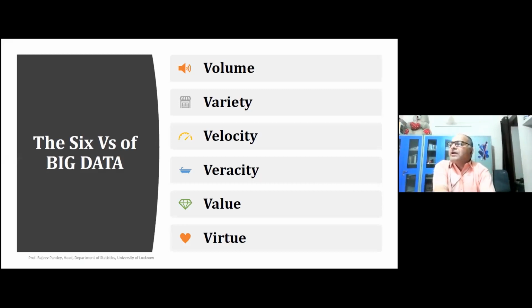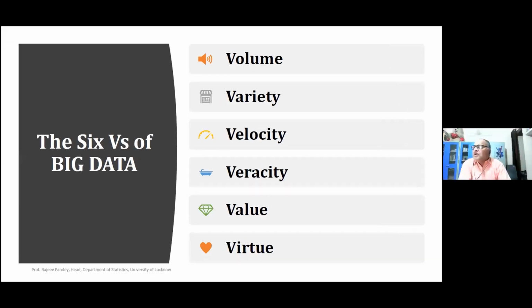Velocity, again, speed is critical in modern business. Research and deploy the right technologies to ensure the big data picture is being developed in as close to real time as possible. Veracity means garbage in, garbage out, so make sure the data is accurate and clean. Value: not all gathered information is of equal importance, so build a big data environment that surfaces actionable business intelligence in easy to understand ways.